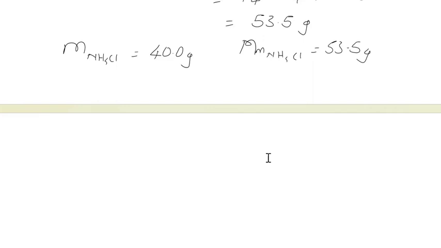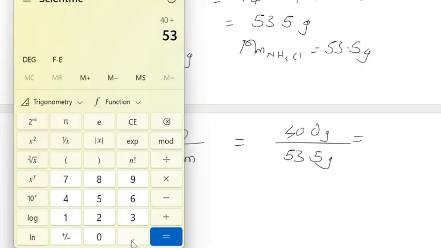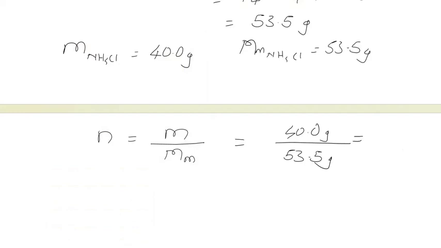Now we can determine n. n can be determined by using the formula mass over molar mass. So we have mass as 40 grams and molar mass as 53.5 grams. If you use your calculator, we will take it as 0.75 moles.